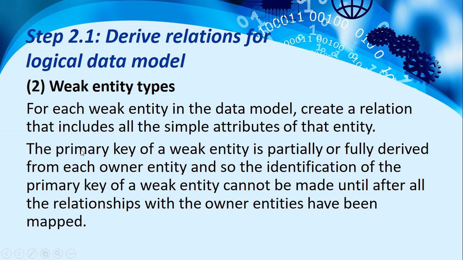The main point is that a weak entity has no primary key of its own, so it has to rely on its owner entities to have a primary key. The identification of the primary key of a weak entity cannot be made until after all the relationships with the owner entities have been mapped.